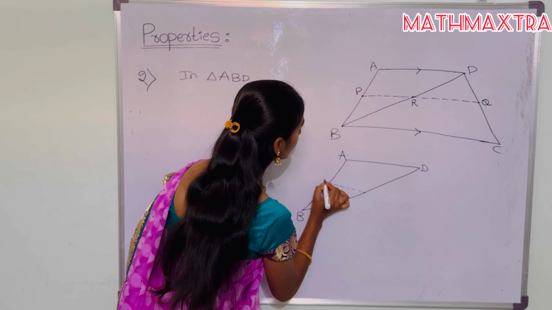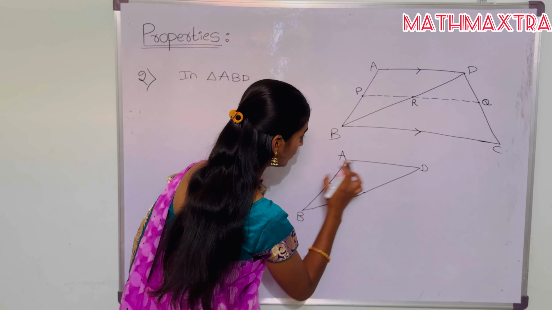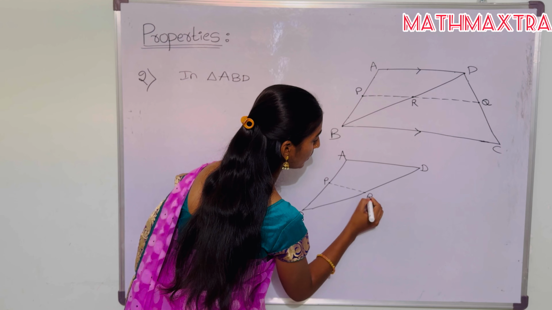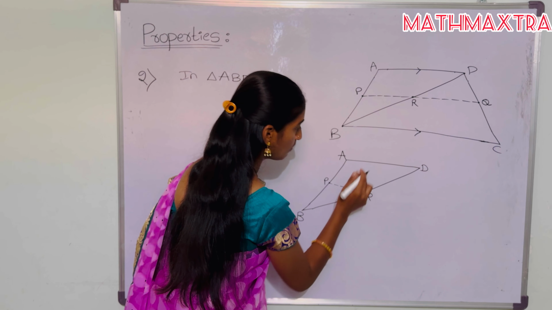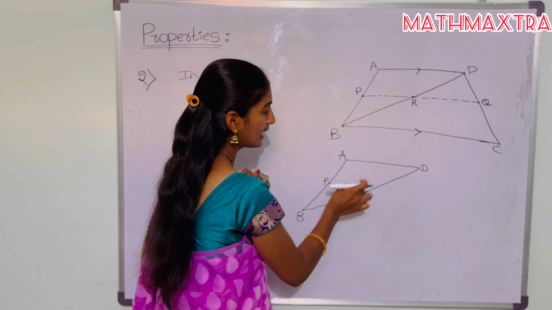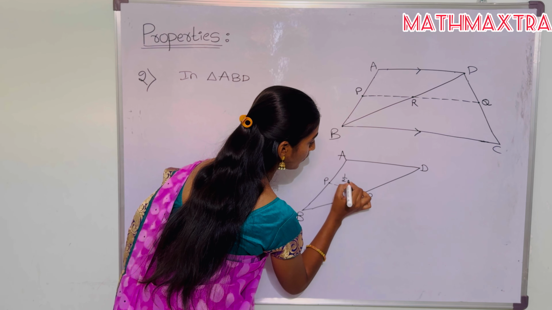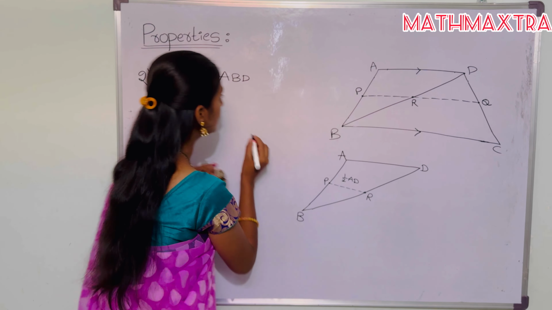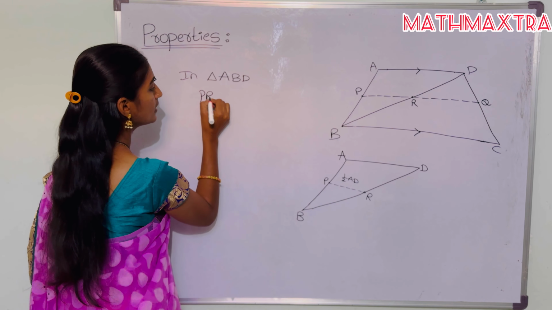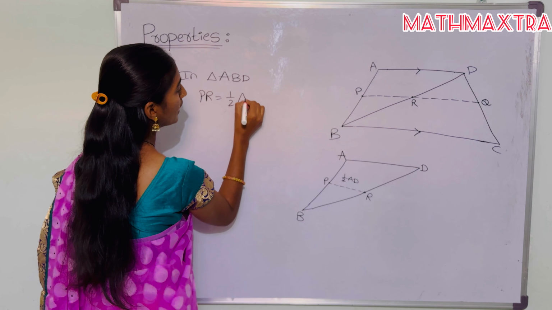These two are midpoints. P is a midpoint of this side and R is a midpoint of this. So this is parallel to the third side and exactly half of it, which is nothing but half of AD. This PR is equal to half of AD.